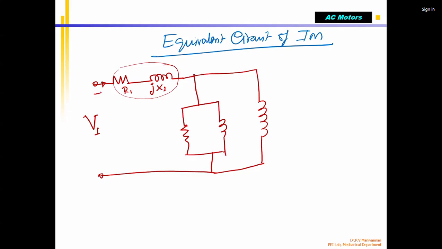I call it I1, the stator phase current. Because it is three phase and we are showing one phase, it is called the stator phase current. Because of the voltage applied across these two terminals, a current flows in the coil. This equivalent circuit has R1, the stator winding resistance.